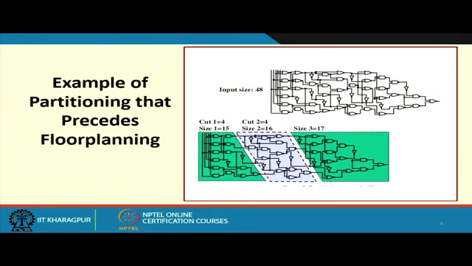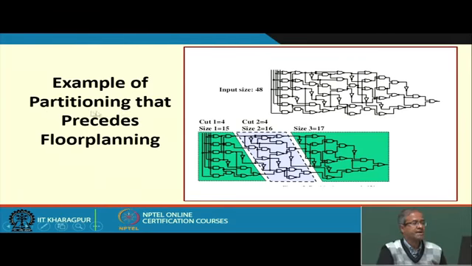Now, before floor planning or along with floor planning, there is another step called partitioning which is carried out. You see, partitioning is carried out for various different reasons. Before I explain this slide, let me just tell you. Suppose I have a very big design and I have a particular technology using which I can manufacture a chip.